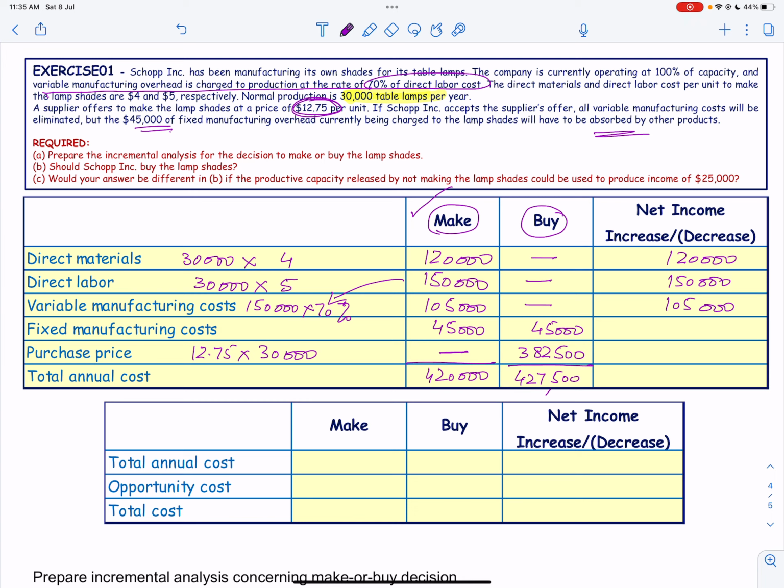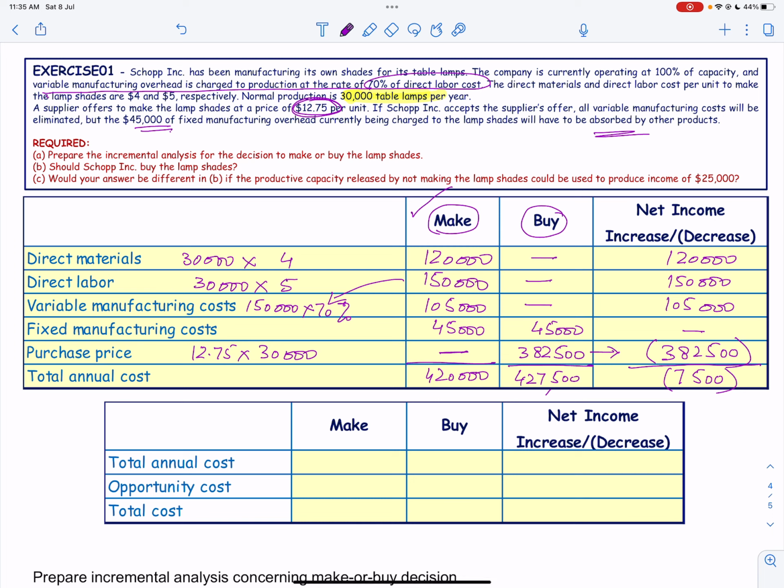So thus fixed cost will be ignored over here, and then we have the purchase price, and this will decrease our net income by 382,500, and this is negative. So the net impact in our net income is going to decrease by 7,500.